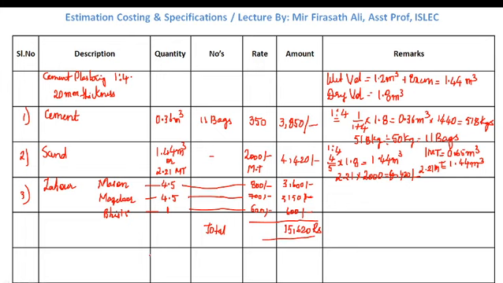If we add 10% contractor profit, the sum will be 15,620 plus 1,562, which is equal to 17,182 rupees.